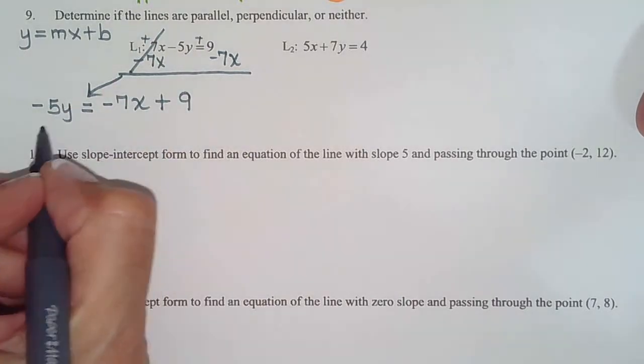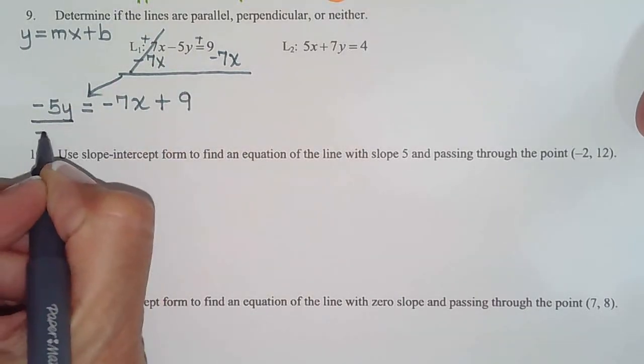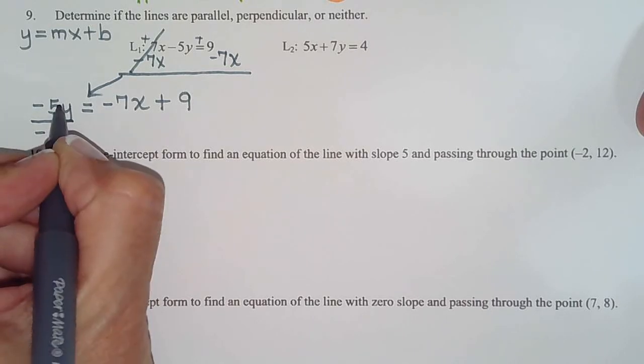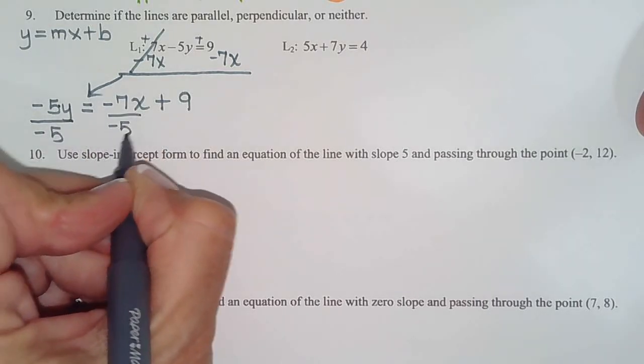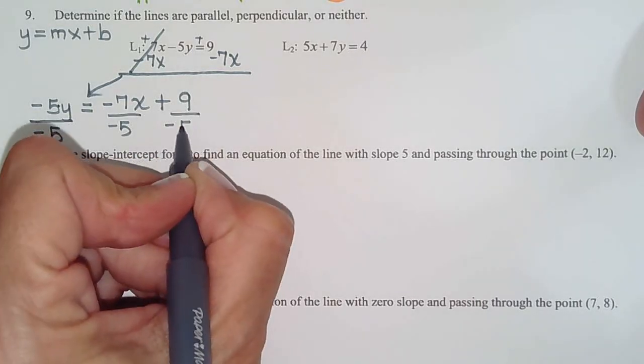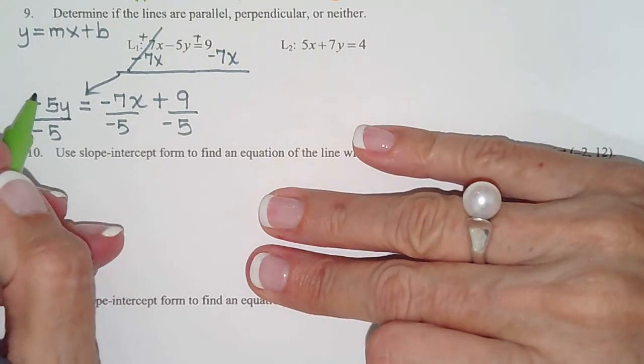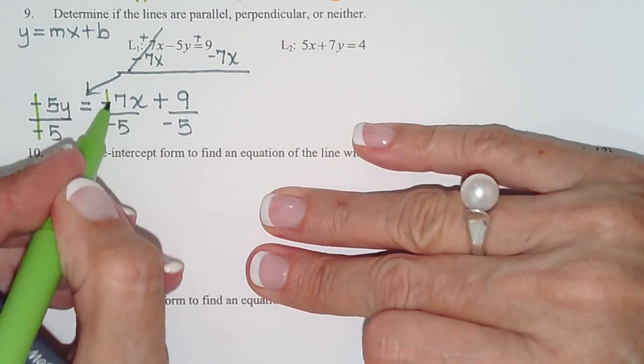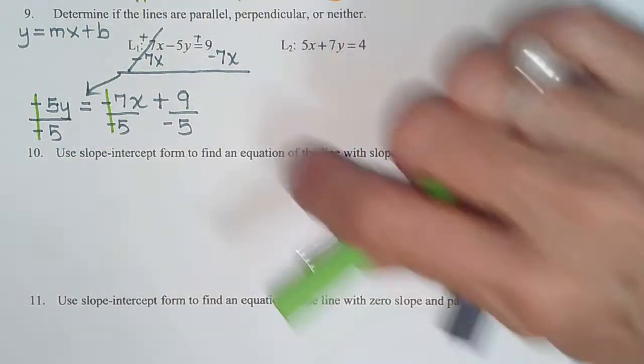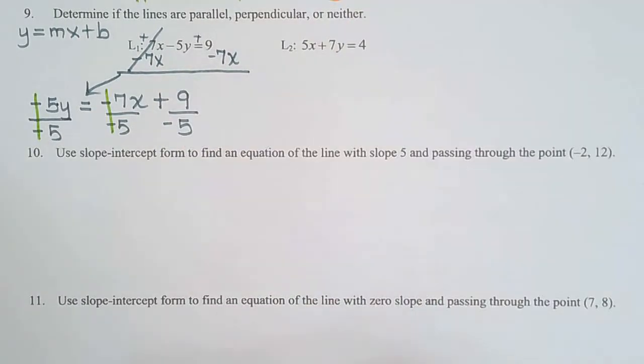And here's where the tricky thing comes in. Everything gets divided by negative 5, so hopefully you were really careful with your signs when you did this. So those two negatives become a positive, those two negatives become a positive, and then this one will just bump up.